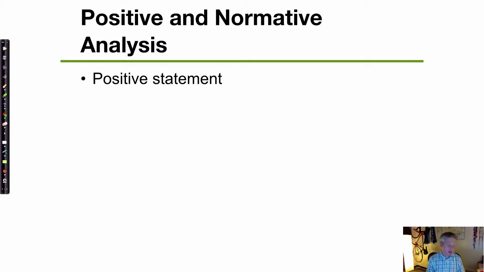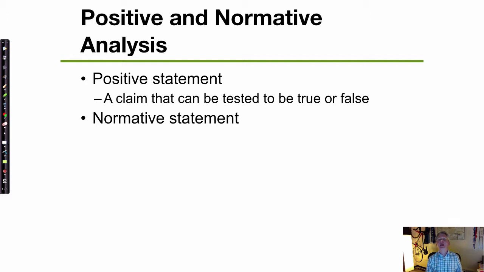A positive statement is one that is a claim that can be tested, and at least hypothetically we could figure out if it was true or false. All right. So it's supposed to be a factual claim about the real world. All right. Like the sun is still out today. That's a positive statement. All right. The moon is made of cheese is a positive statement. We can find out whether that's true or not. All right. So that's the idea of a positive statement.